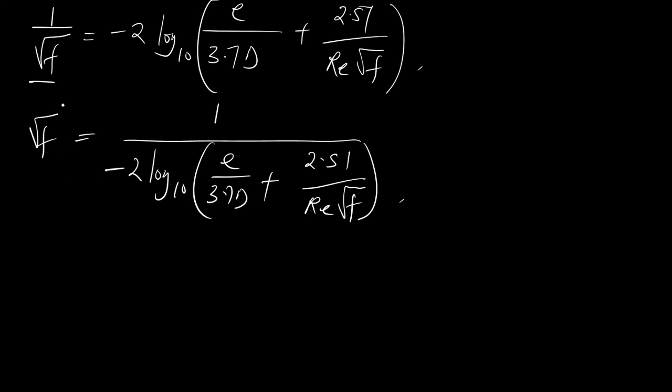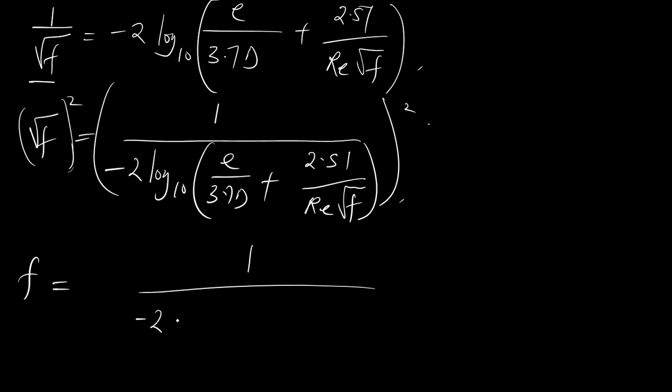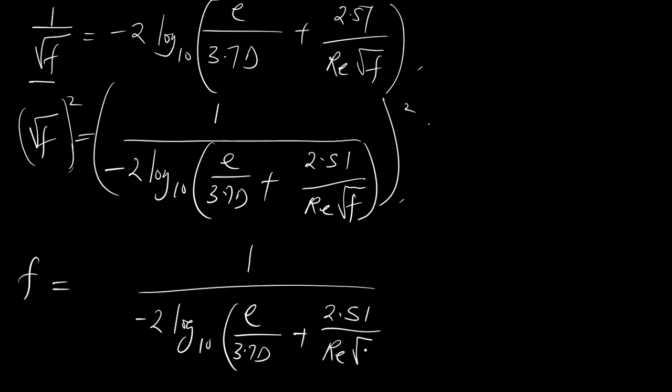If we square both sides, you now have f equal to 1 over minus 2 log base 10 of e over 3.7d plus 2.51 divided by Reynolds number times square root of f, brackets close, then squared.